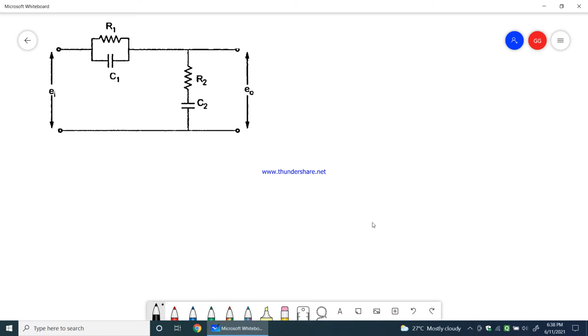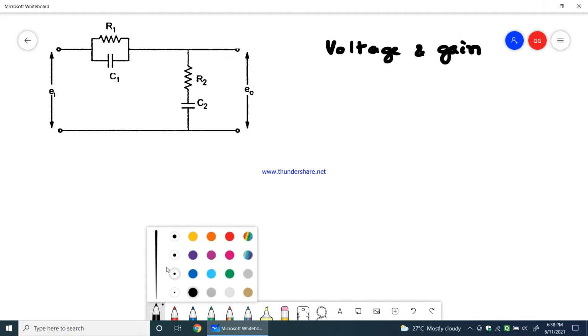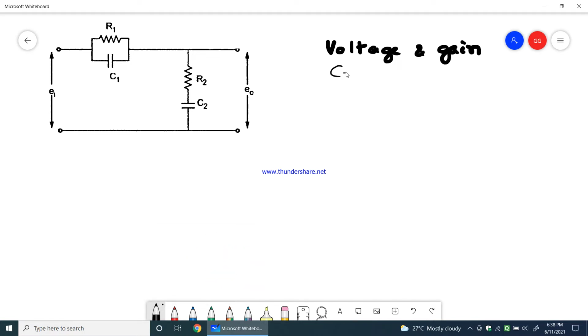As we have resistance and capacitor, the current through the capacitor or the voltage across the capacitor will be an integral differential equation if you write it in the time domain. If I write the voltage and current equation for the capacitor, we get an integral differential equation in time domain.